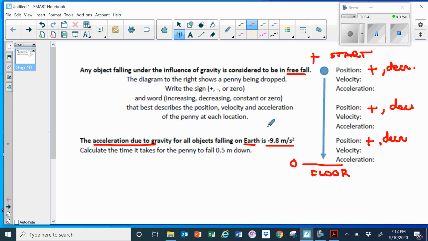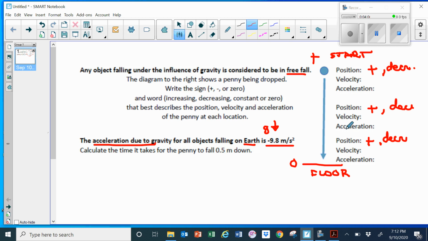This is called little g. Notice it's negative because the acceleration is downward toward the center of the Earth. It's an acceleration, we can tell that from the units. Any object on the Earth accelerates toward the center of the Earth when it falls.